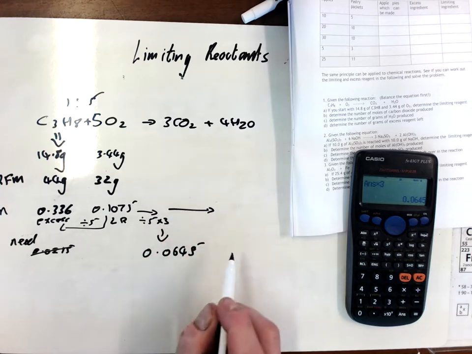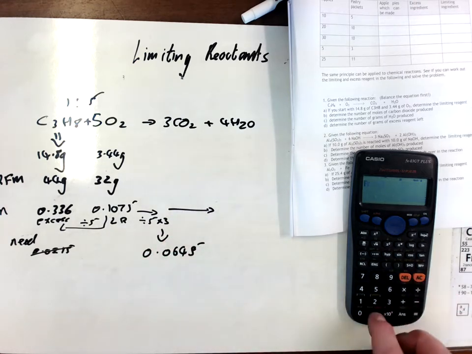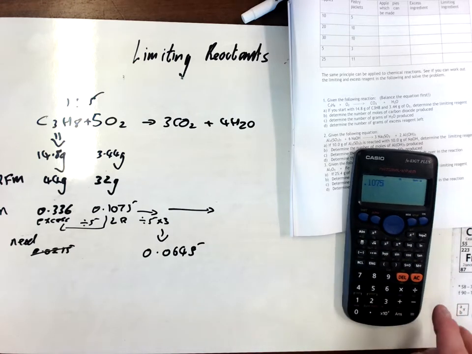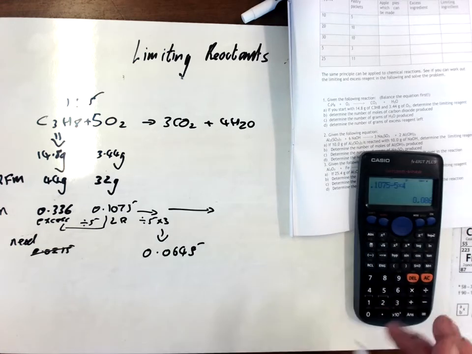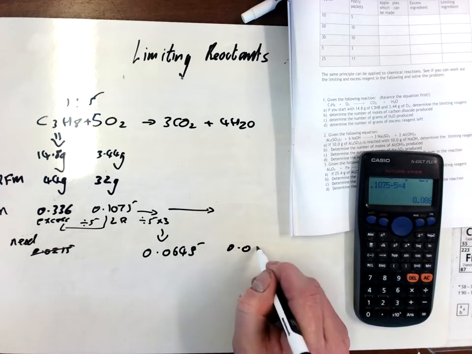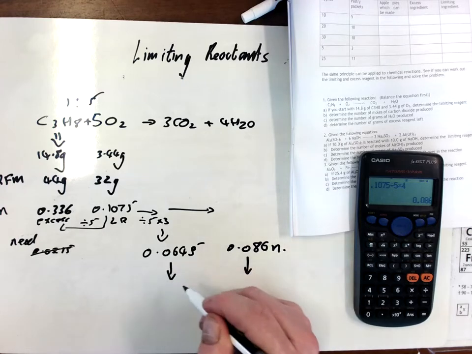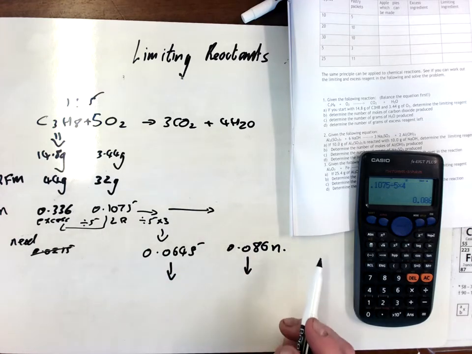And for the water, I take the 0.1075 and divide by 5, and multiply by 4 this time, which gives me 0.086 moles of that.